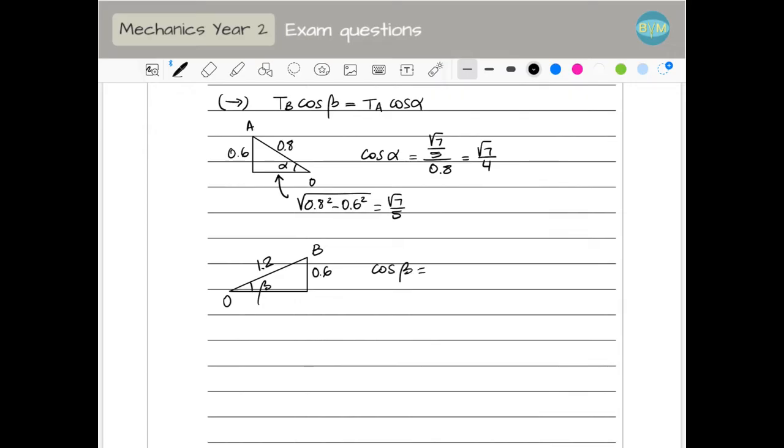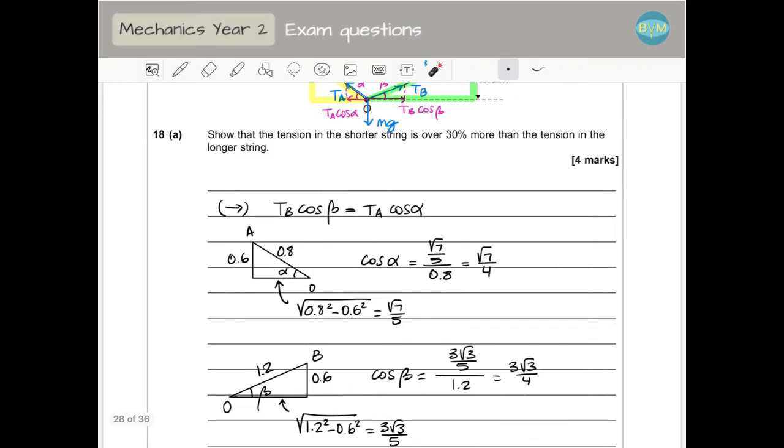So cos beta will be, again, adjacent is going to be the square root, using Pythagoras, of 1.2 squared minus 0.6 squared. This is 3 root 3 divided by 5, which means cos is going to be adjacent divided by hypotenuse, 3 root 3 divided by 4.